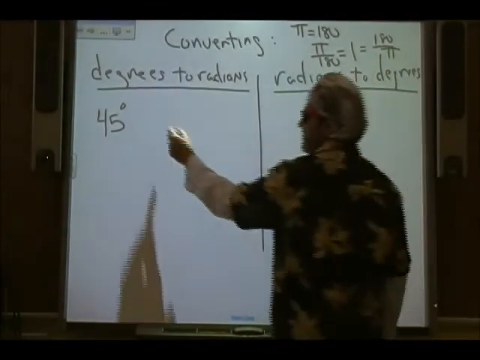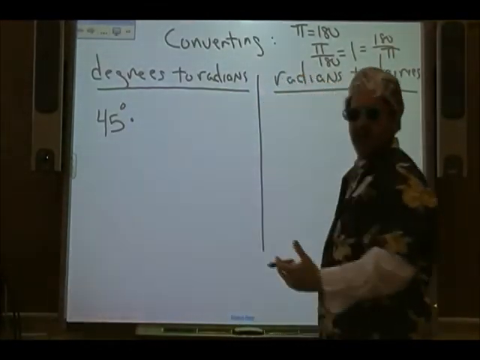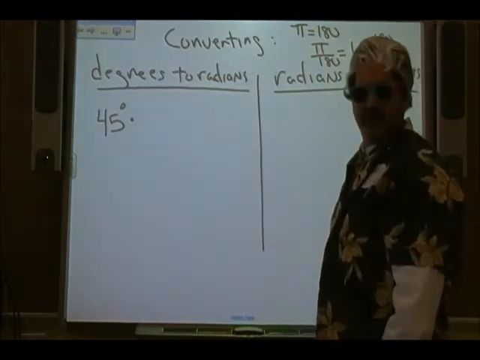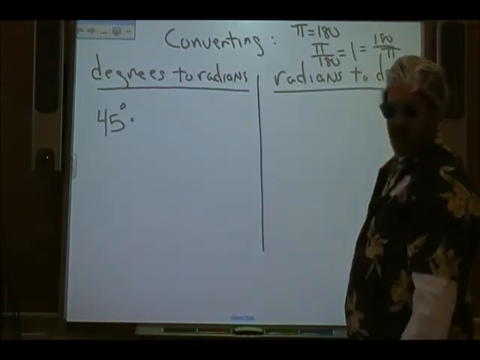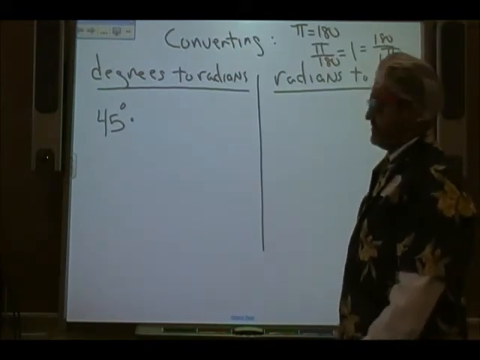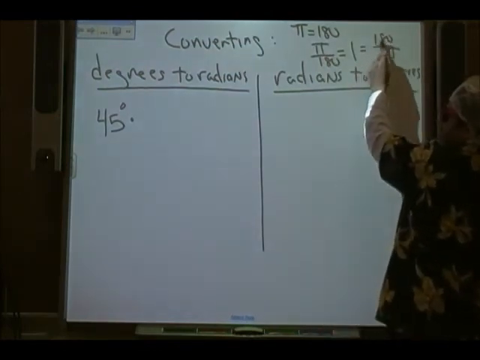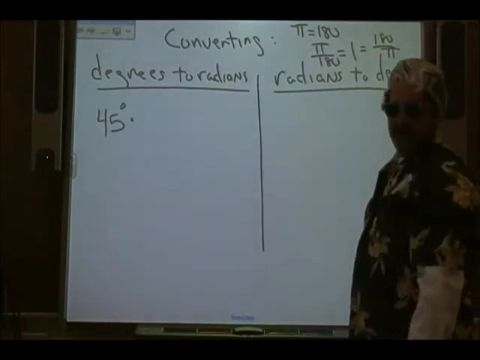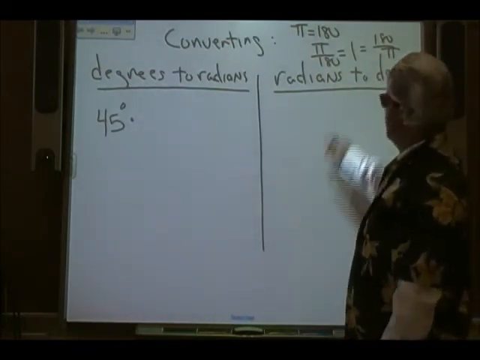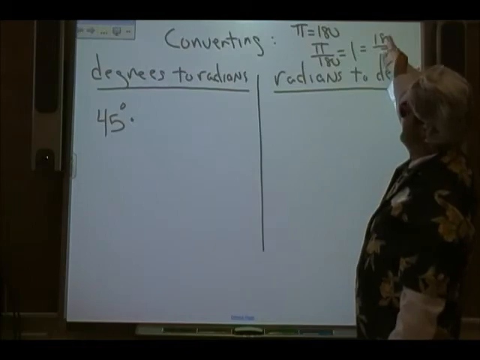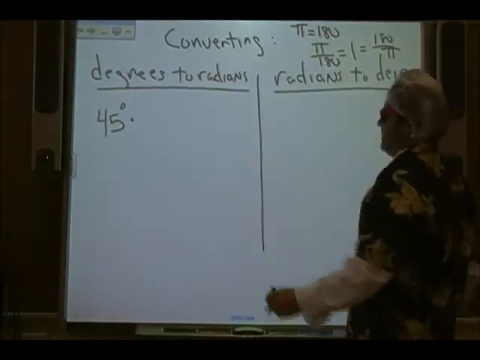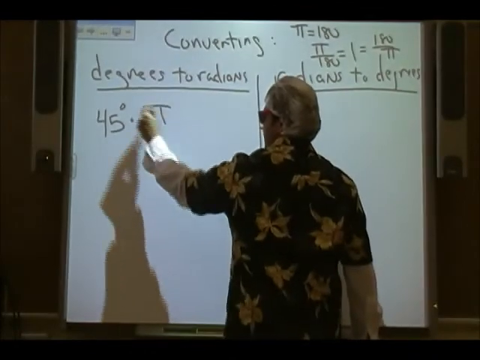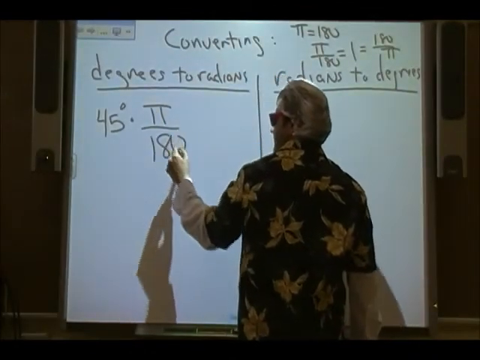So, I can multiply 45 times 1, I still get 45. I can multiply 45 times pi over 180, and I can reduce. I can multiply 45 times 180 over pi, but that wouldn't work out because it wouldn't make sense because this is degrees and this is degrees. So the one I picked to multiply is pi over 180.